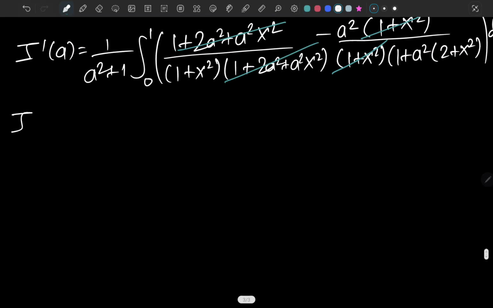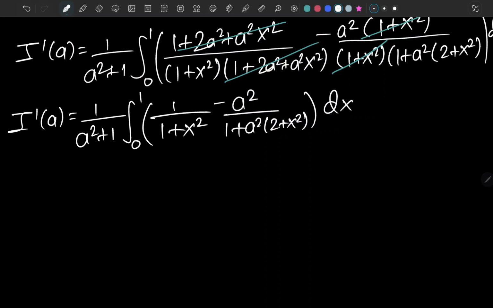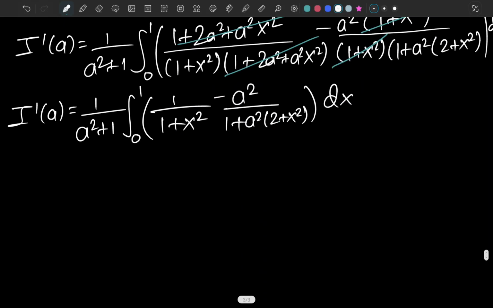So eventually we're going to have I prime of a equals 1 over a squared plus 1, integral from 0 to 1 of 1 over 1 plus x squared minus a squared over (1 plus a squared) (2 plus x squared) dx. Okay, so now it looks quite good, because we were having a lot of trouble here.